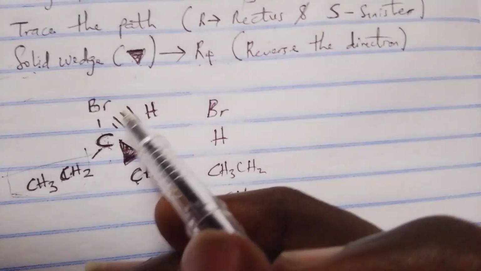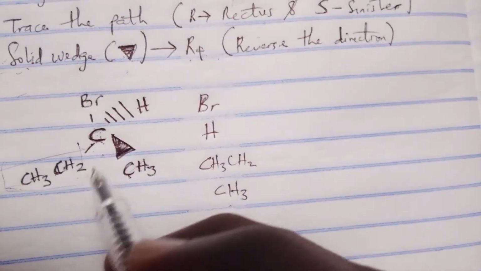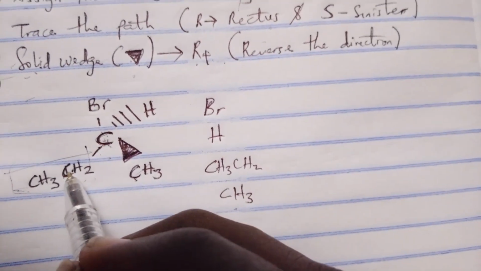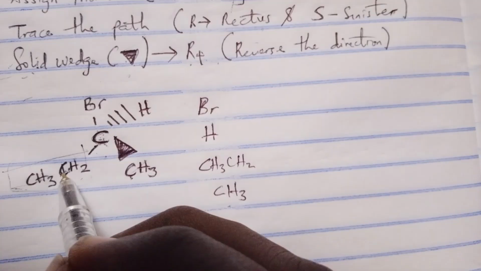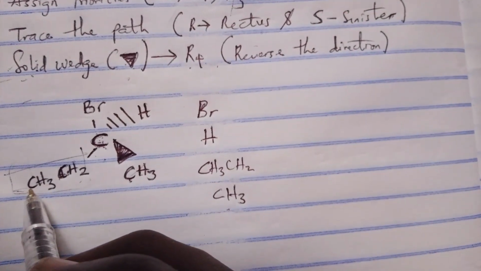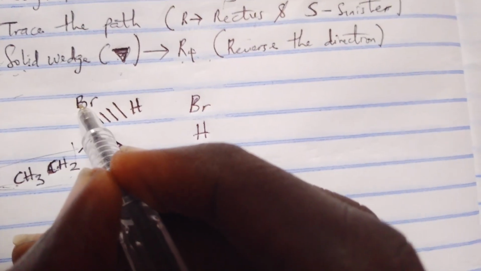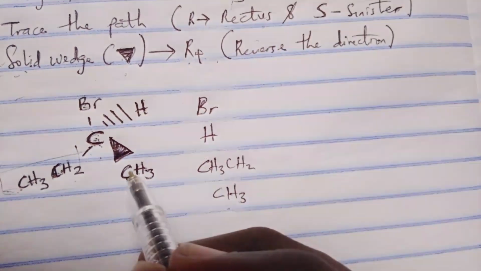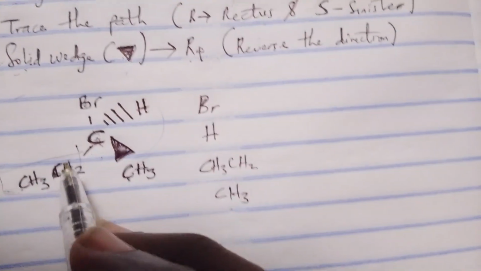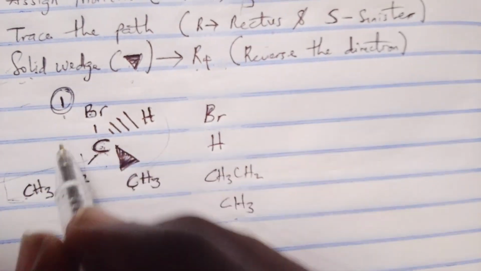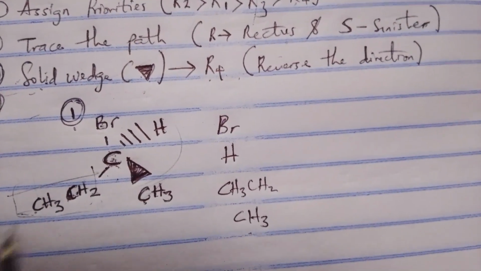So let's look at this now. The carbon is attached to CH2 here. This carbon here, not this carbon that is here, is attached directly to this carbon here, attached to this bromine here, hydrogen here, and CH3. If you check it out there, bromine has the highest priority because it has the highest atomic number.